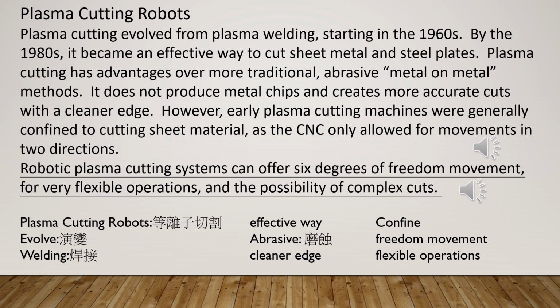However, early plasma cutting machines were generally confined to cutting sheet material, as the CNC only allowed for movements in two directions. Robotic plasma cutting systems can offer 6 degrees of freedom movement, very flexible operations, and the possibility of complex cuts.